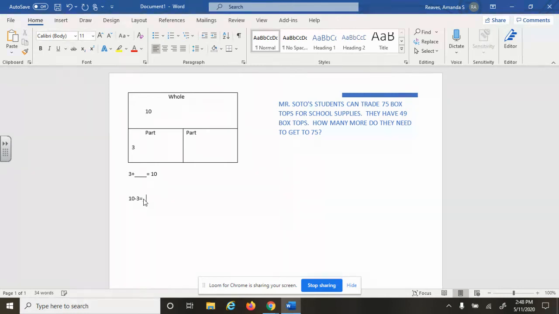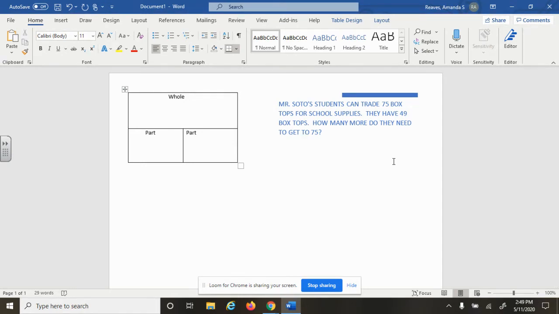So I'm going to use this part whole chart today to show you how we would solve a more complicated problem that's got two digits. So when I read that Mr. Soto's students can trade 75 box tops for school supplies and they have 49 box tops, how many more do they get to 75?